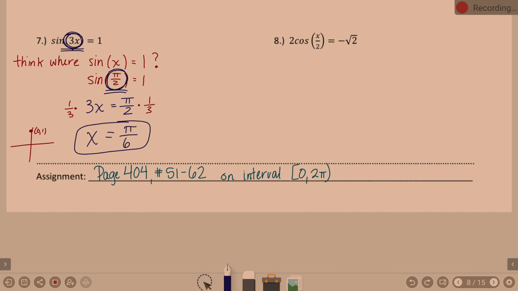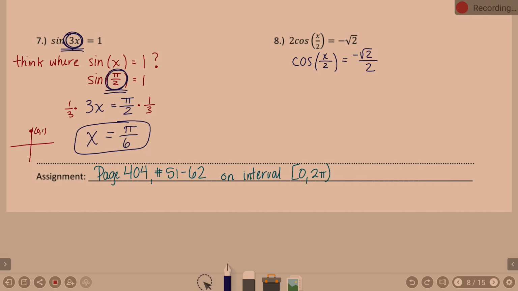So we're going to divide by 2, and I'm going to have the statement cosine of x over 2 equals negative square root of 2 over 2.